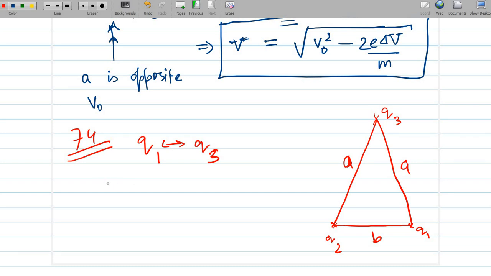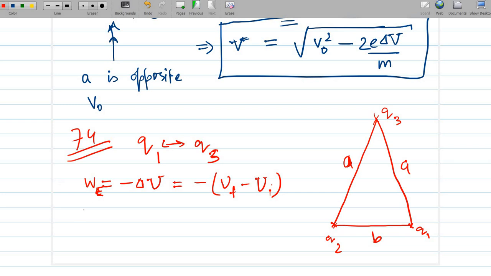So the work done by the electrostatic force is W equal to minus delta U, and this would be minus U final minus U initial. So that's the work done by the electrostatic force. I should write the subscript as capital A. The work an external agent has to do is the negative of that work.